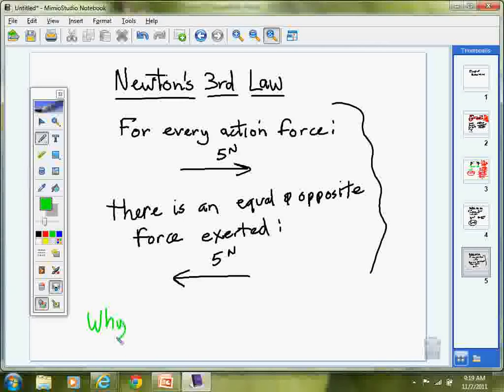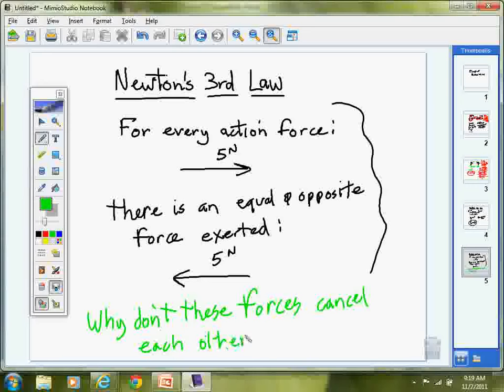Why don't these forces cancel each other out? Why don't they cancel each other out?